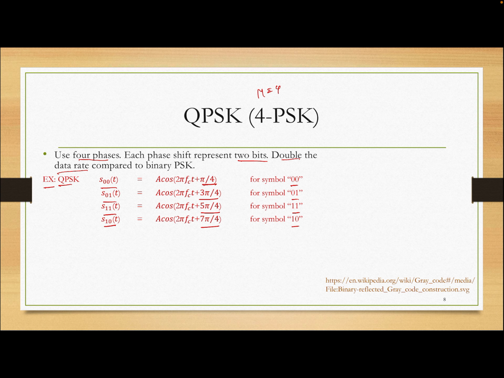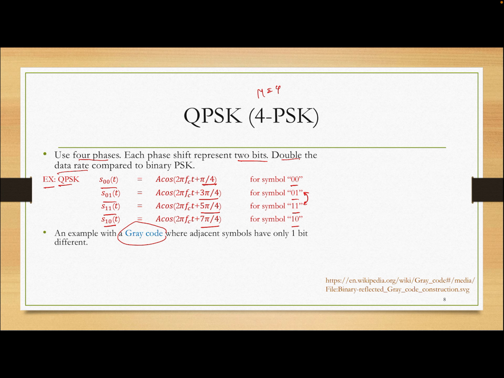Now you may notice that this one looks a little bit strange. Usually the binary code is 00, 01, 10, 11, right? But this one is 00, 01, 11, 10. So this is called Gray code. This is an example of how you represent bits in the PSK.